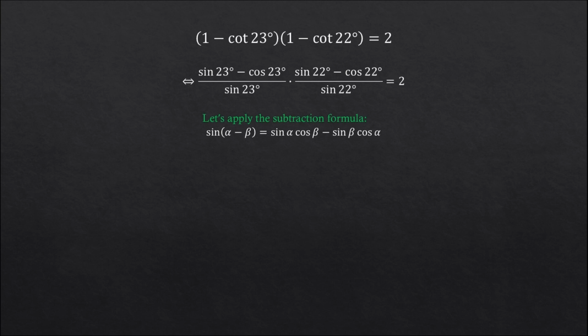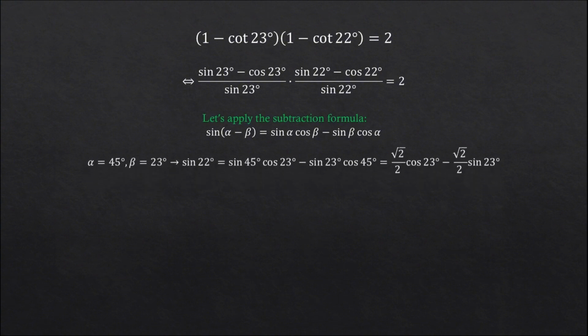And we have 23 and 22, and since we know that the sum of these two numbers is 45, we might try to substitute alpha for 45 and beta for 23. So we have for beta either 23 degrees or 22, but let's try with 23 to see what we're going to get.